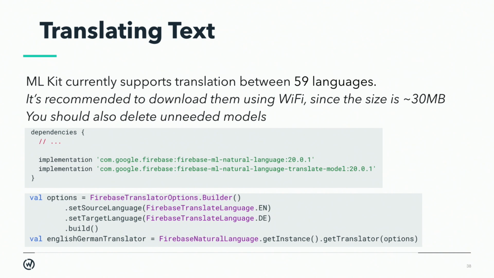The first thing is, of course, we have to add the MLKit natural language dependencies in Gradle. Then we need to create the Firebase translation options. Here we'll be setting the source language, for example English, and the target language, for example German. Then we can create the translator object here.